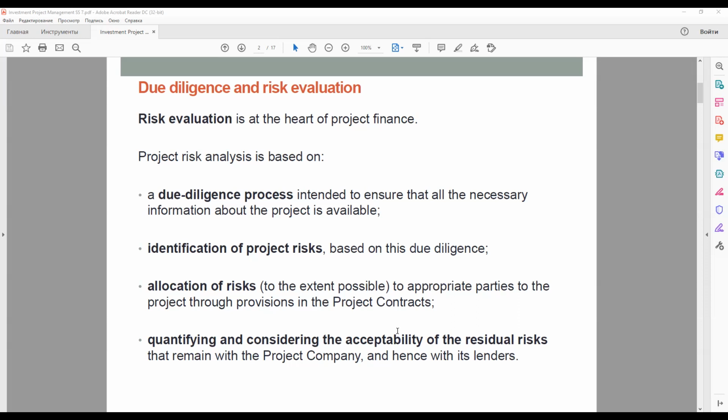The lenders, therefore, need to evaluate the terms of the project's contracts, in so far as these provide a basis for its construction cost and operating cash flow, and the lenders have to quantify the risk inherent in the project with particular care.